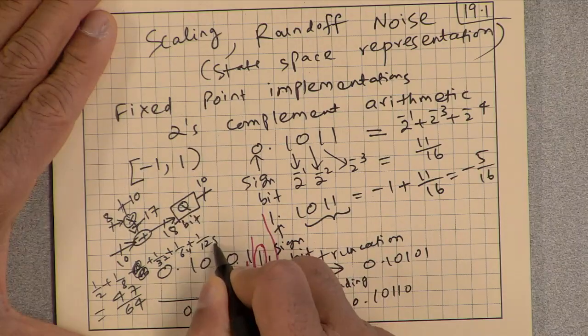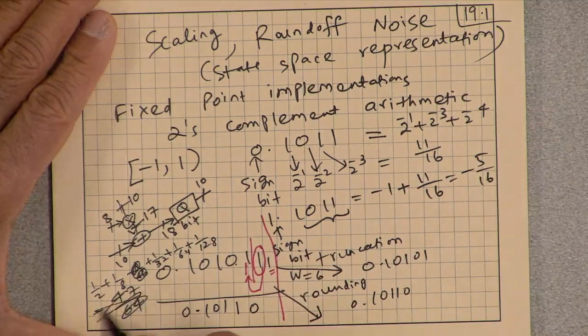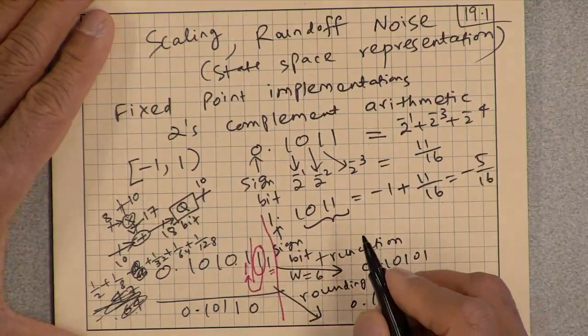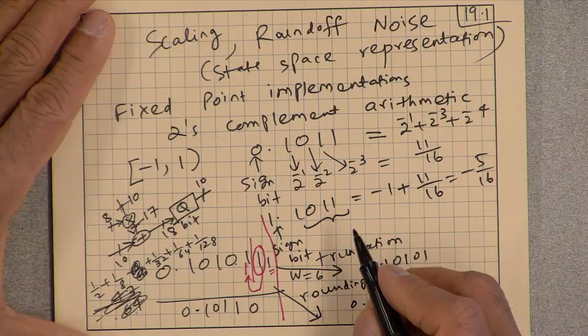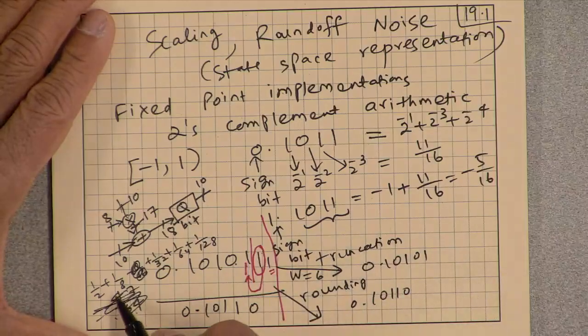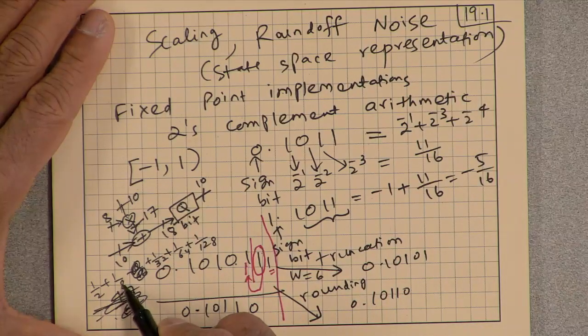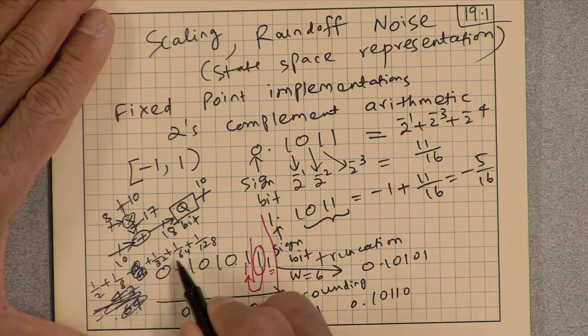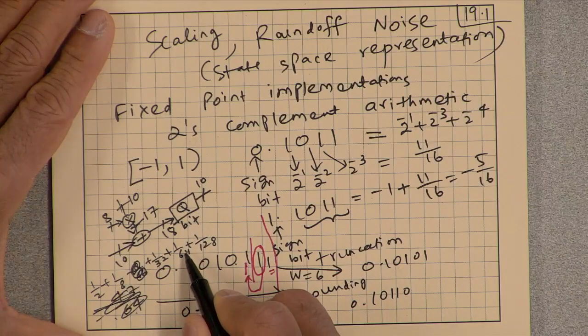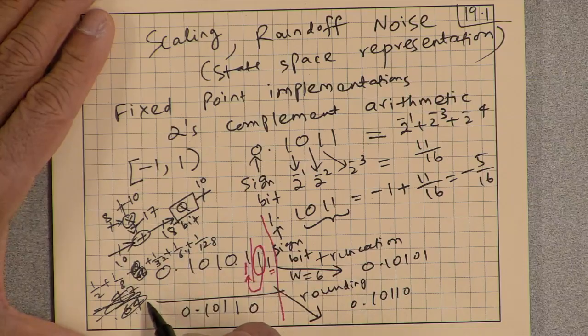So then this would be 64 plus 16. That's 80, 84, 86, 87. So that's 87 by 128.